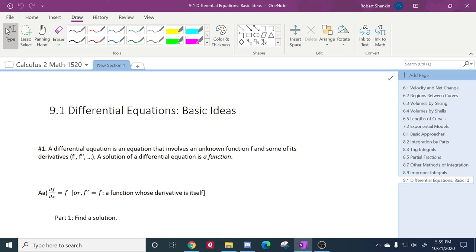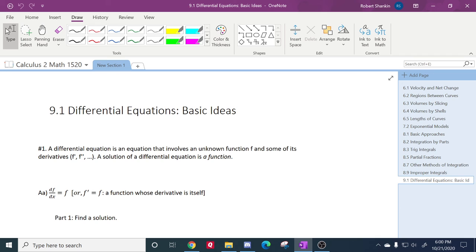The difference between a chemist or biologist and a mathematician is that the chemist and the biologist just set up the differential equation and then turn to software to say, okay, now let the computer solve this. They don't want to mess around with how to solve the equation.